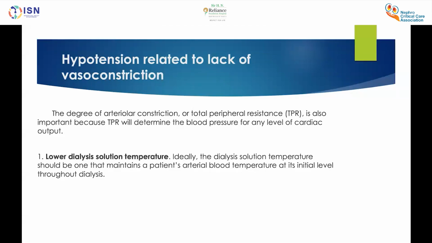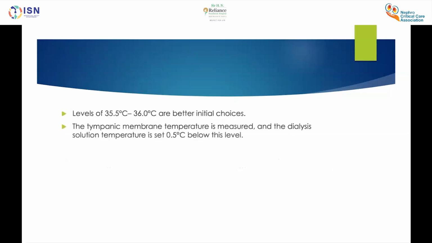So ideally, the dialysis solution temperature should be one that maintains a patient's arterial blood temperature at its initial level throughout the dialysis. So levels of around 35.5 to 36 are the better choices. The tympanic membrane temperature is measured in few cases, and the dialysis solution temperature is set 0.5 degrees Celsius below this level.